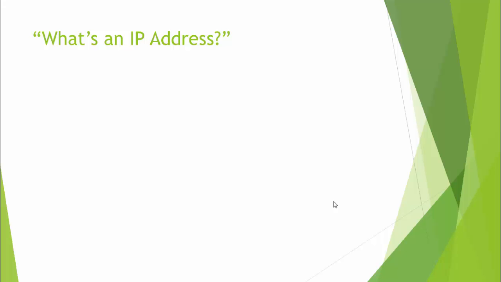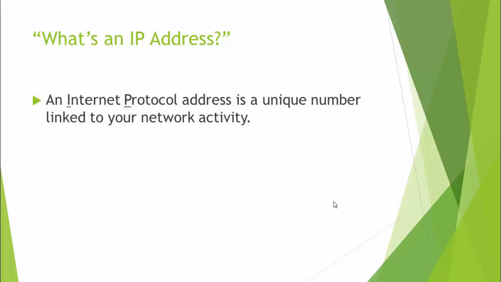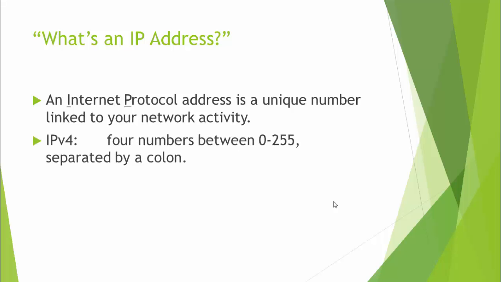So then you say, well, wait a second. What's an IP address? So an Internet Protocol address is a unique number that gets linked to your network activity. In the older IPv4 technology, IP addresses are 4 numbers between 0 and 255 separated by a colon.